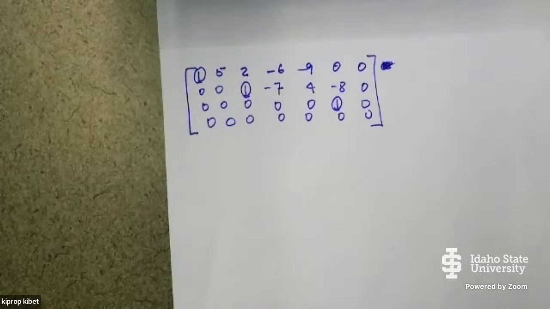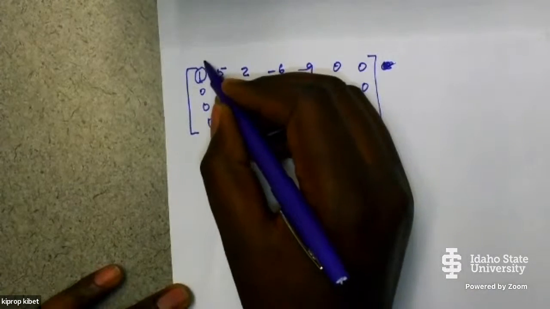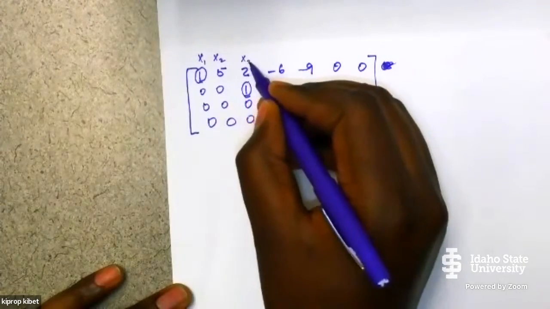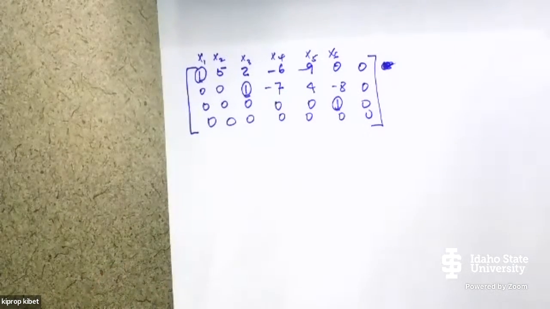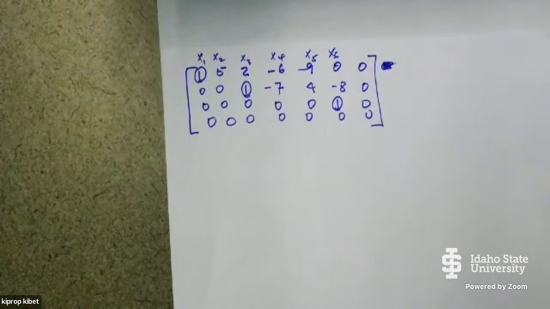Because we have free variables, these are x1, x2, x3, x4, x5, and x6. So we can see that our free variables are x2, x4, and x5. So those are our free variables.